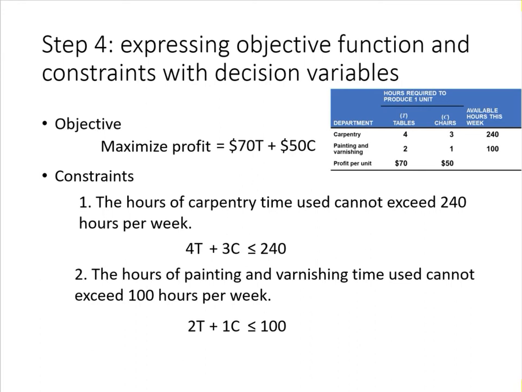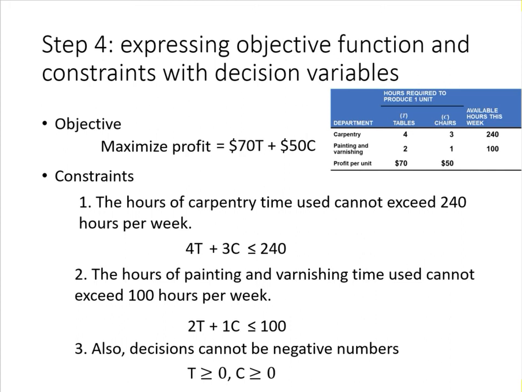There's actually one more constraint that is not explicitly stated in the problem. That is, the number of products produced cannot be negative. It just doesn't make sense to make, say, -1 tables, right? So we have another constraint here, which is simply T and C must be greater than or equal to 0.